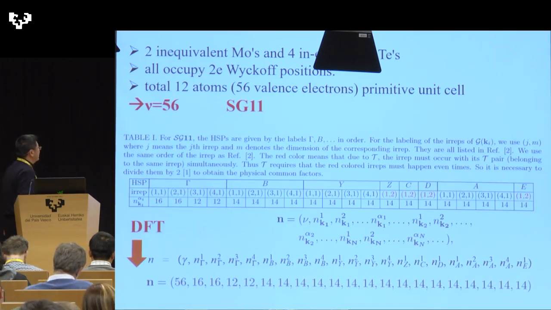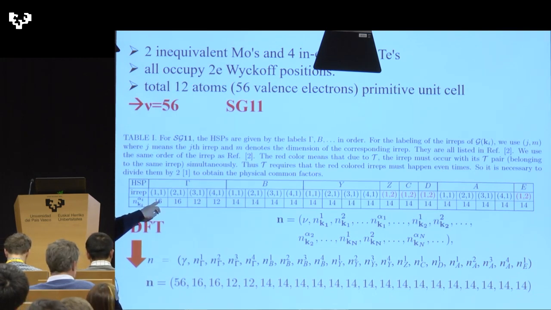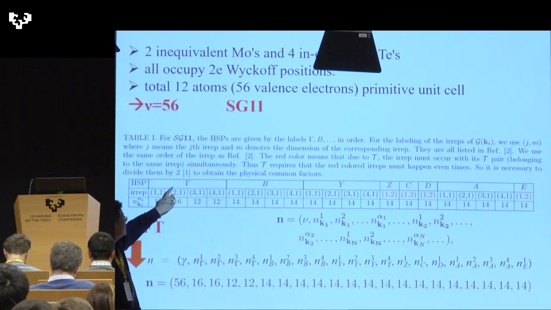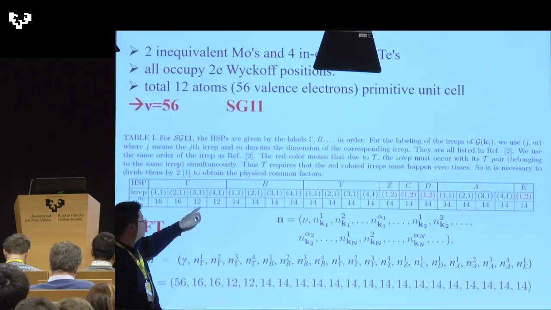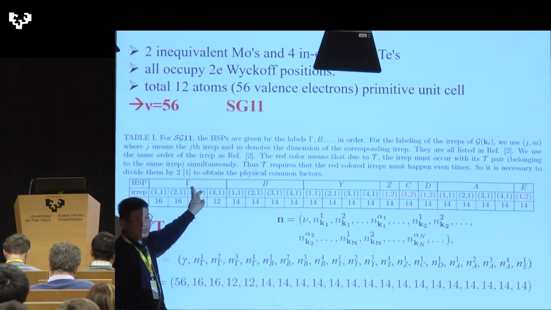Then the third line is the band structure calculation. I'm using Wien2k, a PBE calculation, and then double checking with MBJ. At the gamma point, 16 bands occupy the first representation, 16 bands occupy the second representation, 12 bands occupy the third representation, and 12 bands occupy the fourth representation.